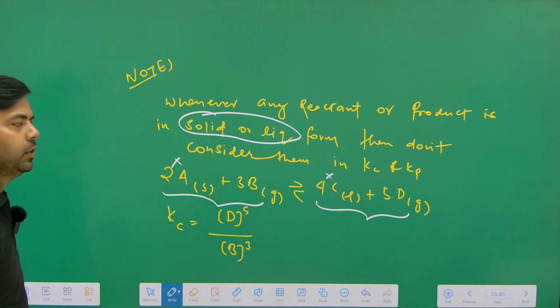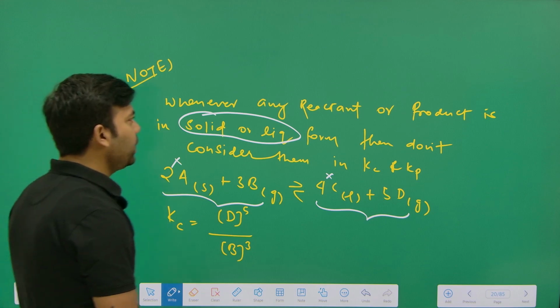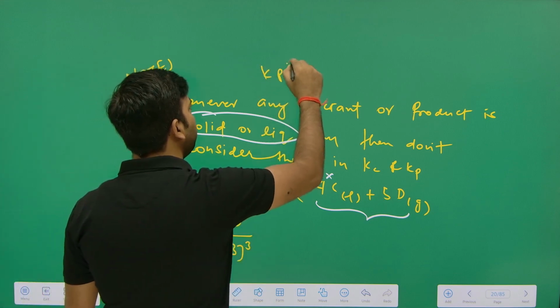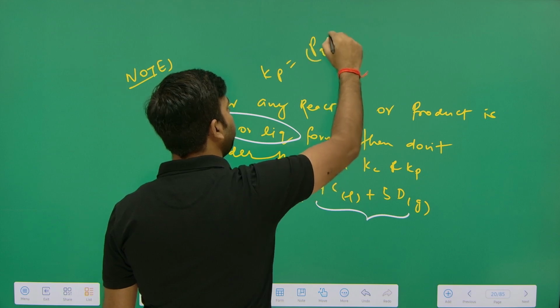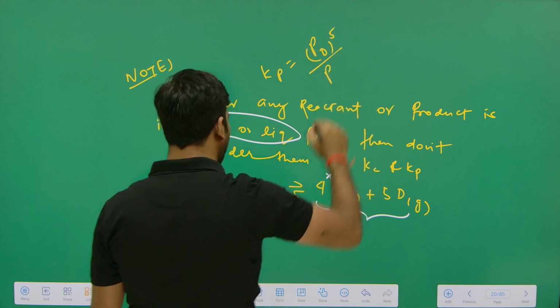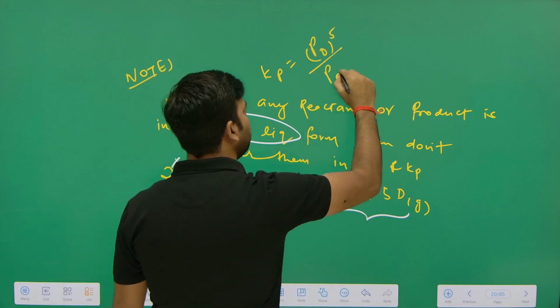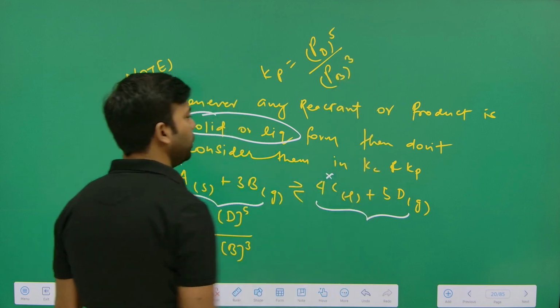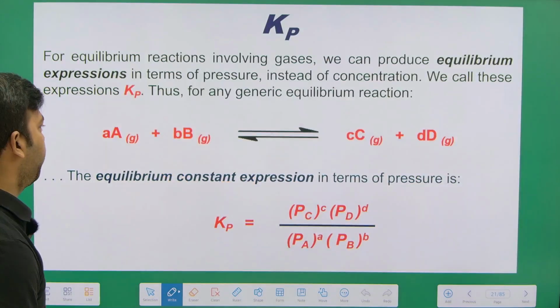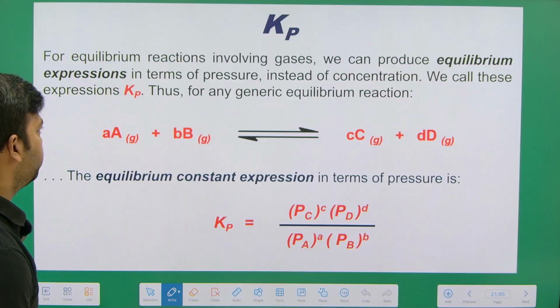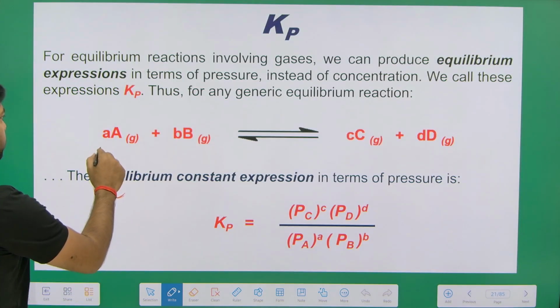Make sense? This is quite simple. Kp as well we can write down the same way. Capital P of D to the power 5 and capital P of B to the power 3. Clear? You can see here we have a reaction.